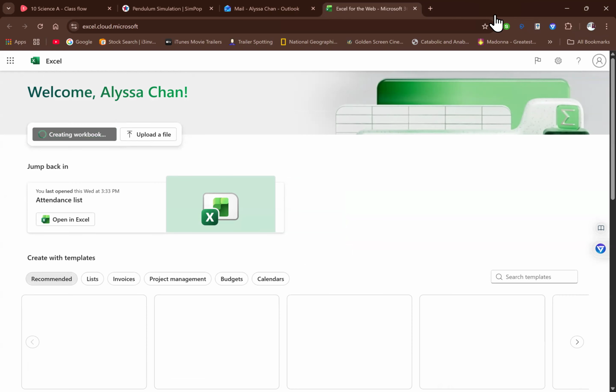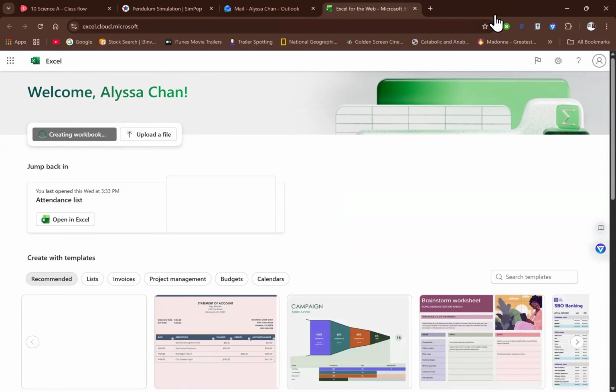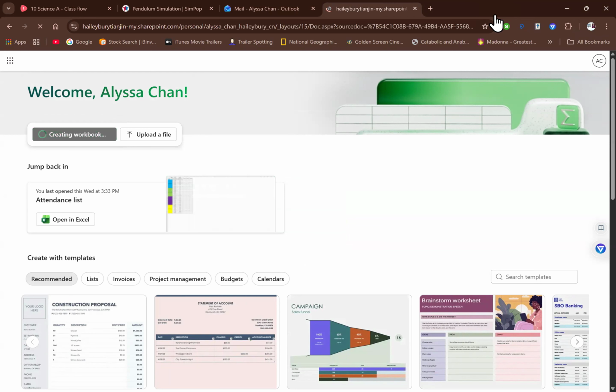All right. So what you need to do is you need to record your data. So how do you tabulate your data? When you tabulate your data, you create a blank workbook. So let's say I'm doing it for the pendulum swing, right?